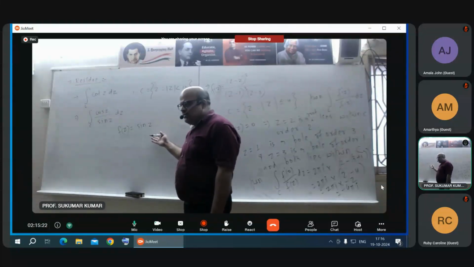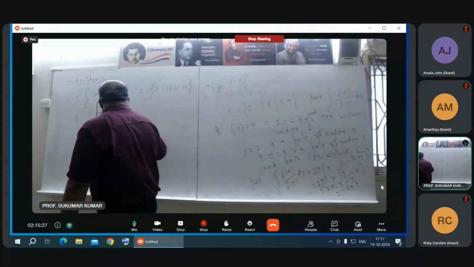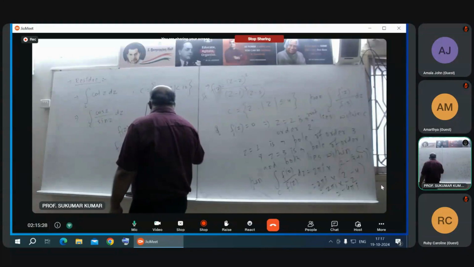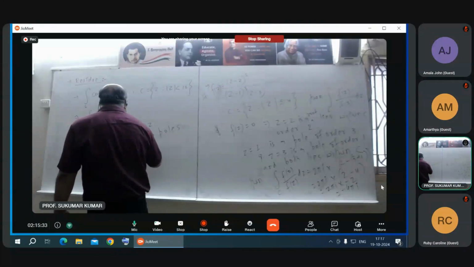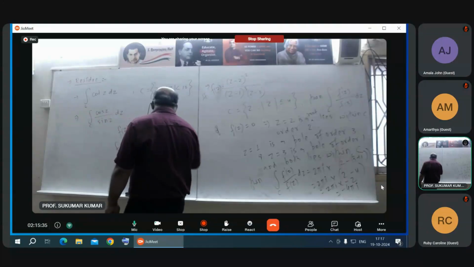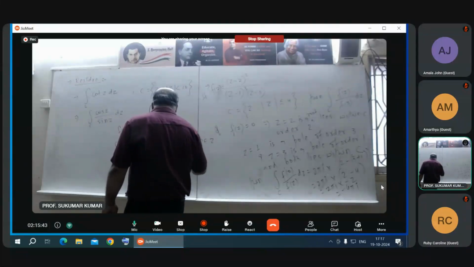So f of z has no pole. Zeros: f z equal to 0 means sin z equal to 0, z equal to n pi, and all are simple zeros, correct? Means order is 1, 1, 1, 1, 1.